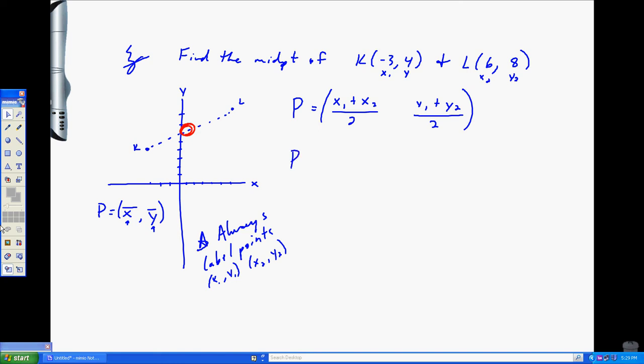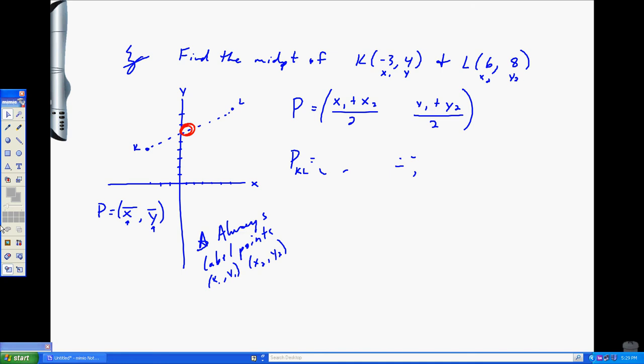So the midpoint of KL equals, again, if you've labeled your points x1, y1, x2, y2, you just substitute in. So -3 plus 6 divided by 2, comma, y1 is 4 plus y2 is 8 divided by 2.